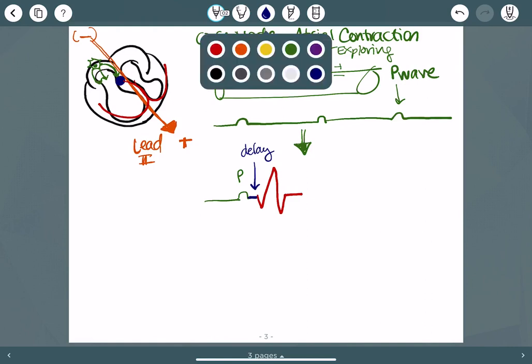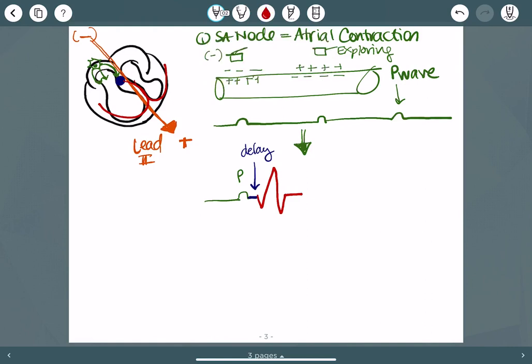So for that reason, they have specific definitions for how they get labeled. This guy here is the Q wave. And the Q wave is the first negative spike after the P wave. We call that the Q.